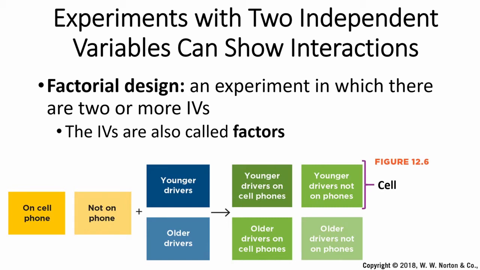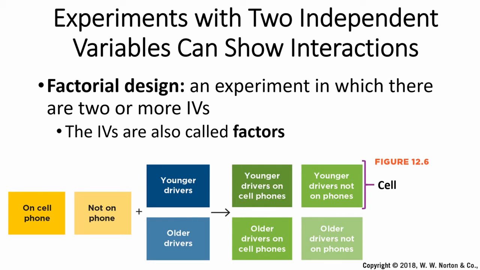Now we can actually start talking about how you would set this up to actually run this kind of experiment. In this case, you're going to use a factorial design. This is a setup for an experiment in which there are two or more independent variables. And sometimes these independent variables will also be called factors, which is why it is a factorial design.